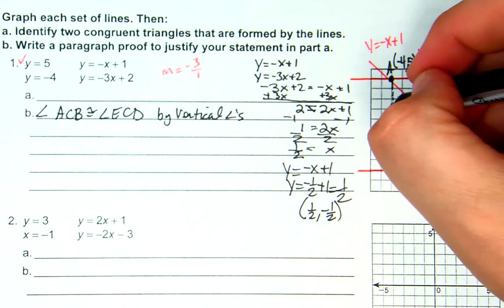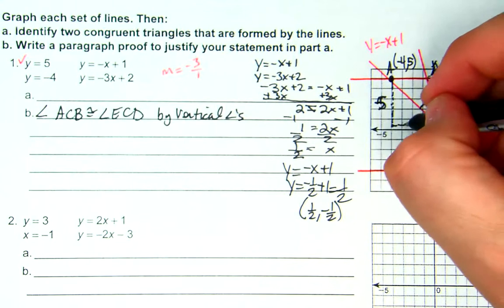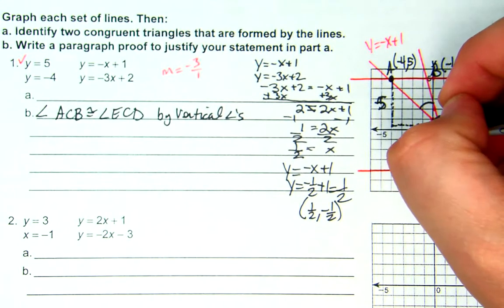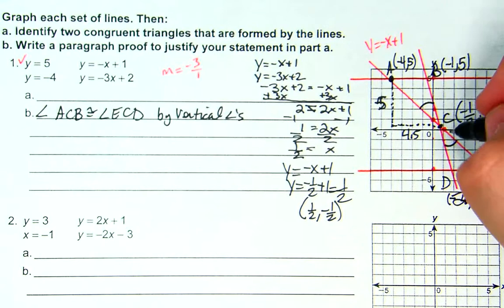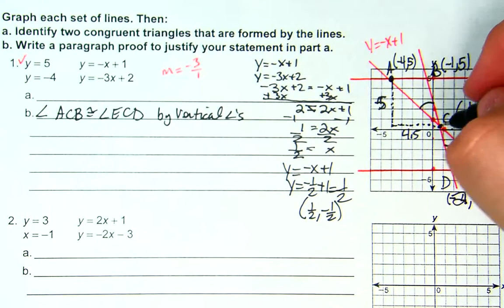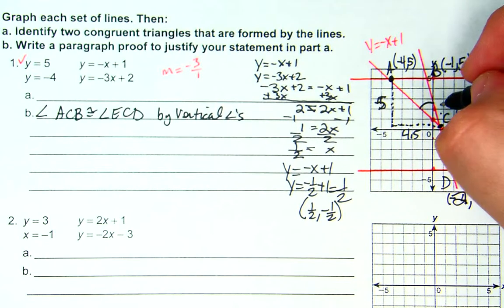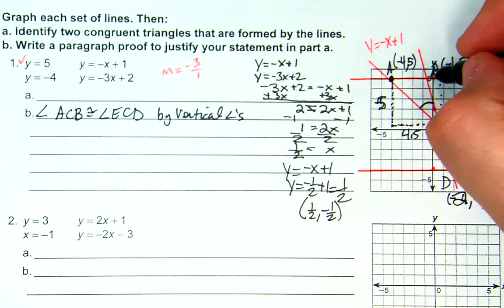That's 1, 2, 3, 4, 5. That's 1, 2, 3, 4.5. That's 1, 2, 3, 4. So that's 4, 4. This one is 1, 2, 3, 4.5.